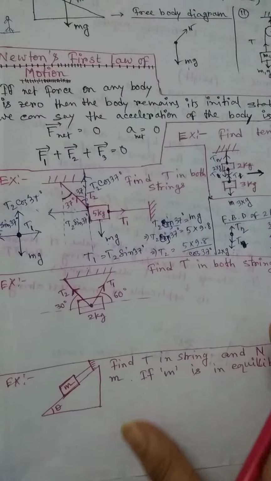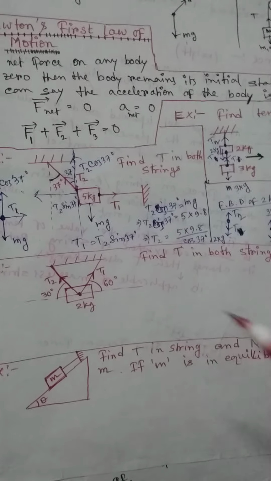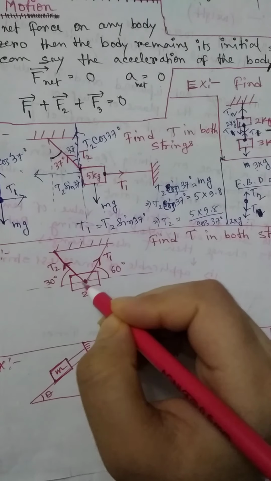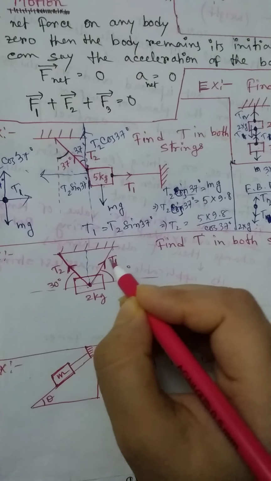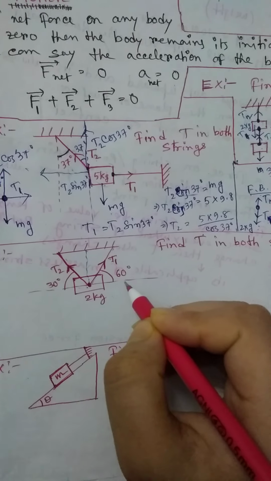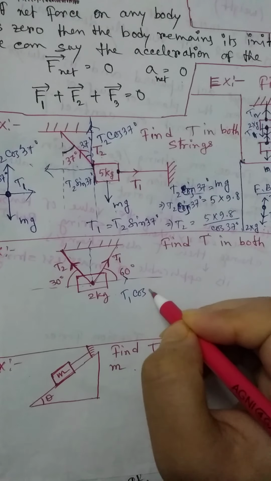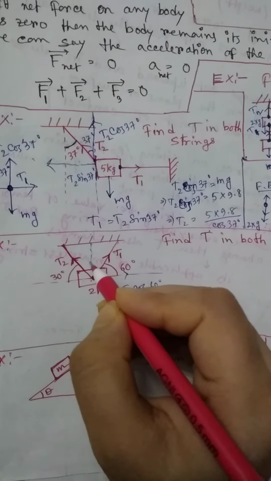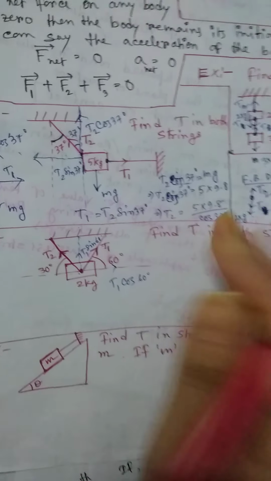Okay, so this one is exactly similar. We have to resolve this vector. That means this is T1 and this is T2. We have to resolve in two components. This T1, if this is 60 degree, then T1 has one component along this side, which is T1 cos 60, and along this direction T1 sine 60.